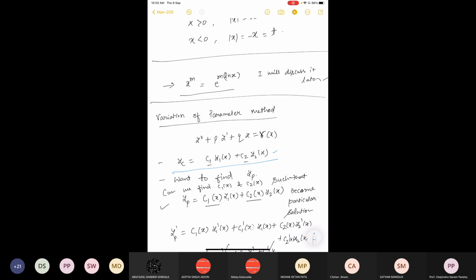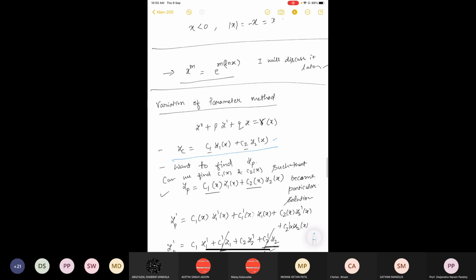And a general solution of the homogeneous problem can be written only when we have two linearly independent solutions of the homogeneous problem available to us. So we are already assuming that y1 and y2 are linearly independent solutions of the homogeneous problem. Okay, sir, I got it. So here, when we write YC, it means that y1, y2 are linearly independent already.